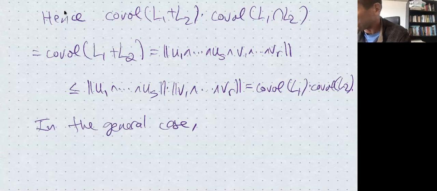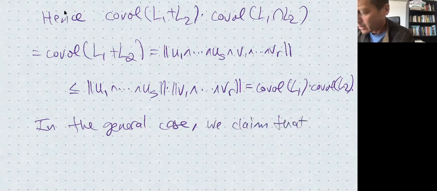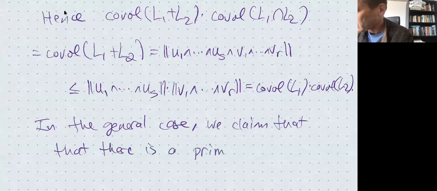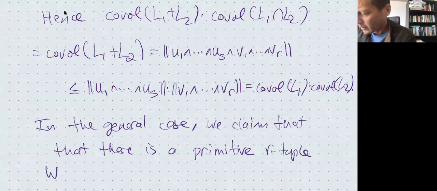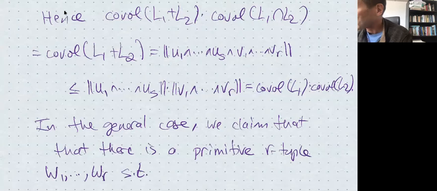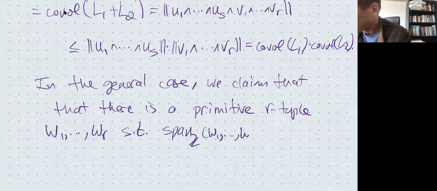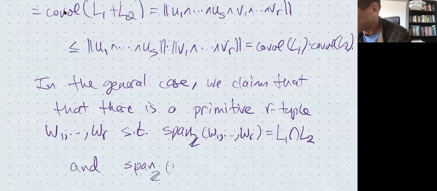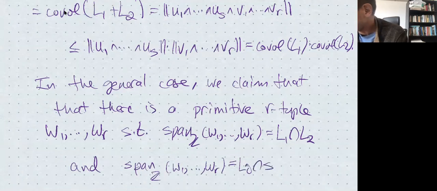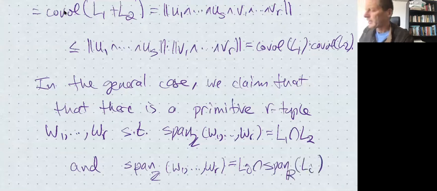In the general case, the claim is there is a primitive R-tuple W1 up to WR such that the span over Z of W1 up to WR is L1 intersect L2, and this is also primitive in each one of the Li individually.